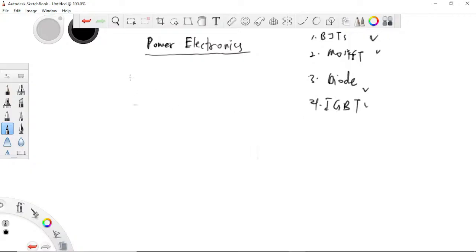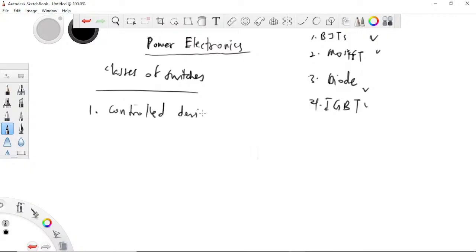Switches are classified into three classes. The first class of switches is known as the controlled devices. These are devices whose on and off states are controlled by some input voltage or input current to their base.